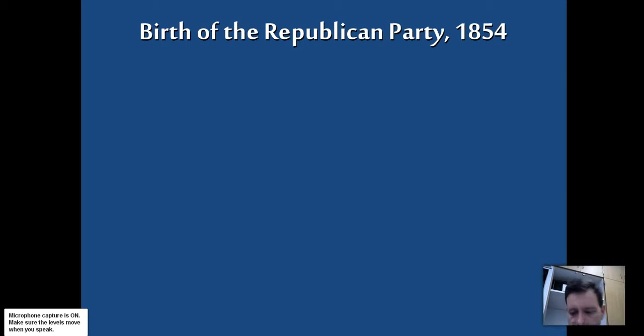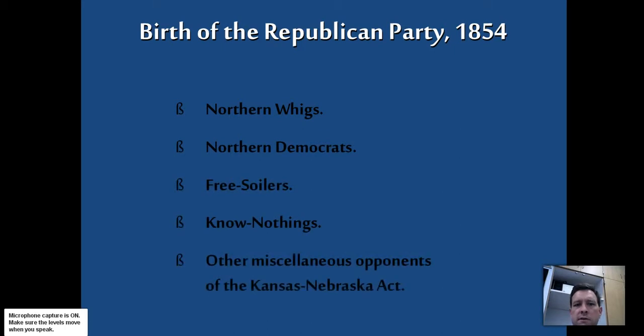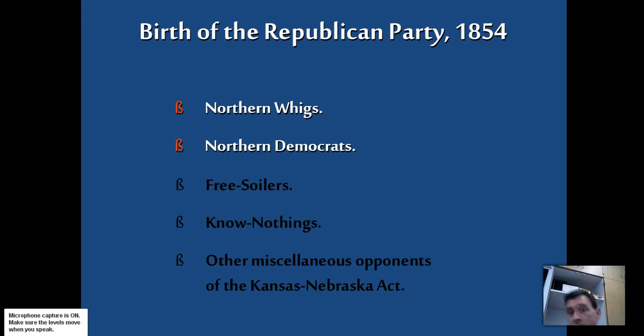The more significant party is the Republicans. And the Republican Party is basically made up of a bunch of different people. First of all, Northern Whigs, who don't have a party anymore and who see their party as disintegrating. Northern Democrats, who really don't identify with the ideals of the South anymore. Free Soilers, who believe that people that settle on land, that those states should be free.